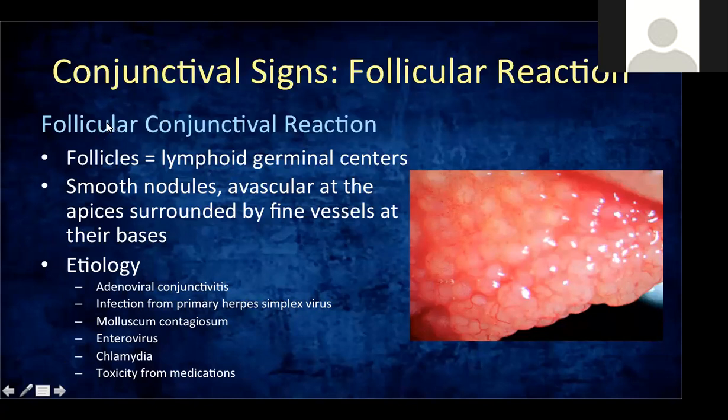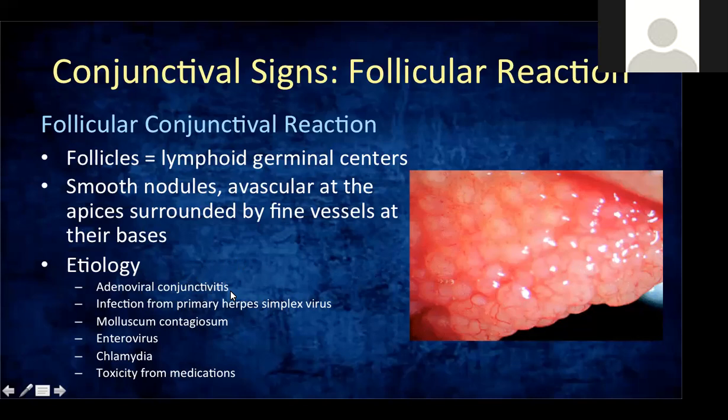Okay, so for your follicular, just remember that your follicles are germinal centers. If you see in the photo, they are smooth nodules, and then they are avascular at the apices, and you see the vessels at the bases. Okay. You can usually see this type of reaction in your adenoviral conjunctivitis.